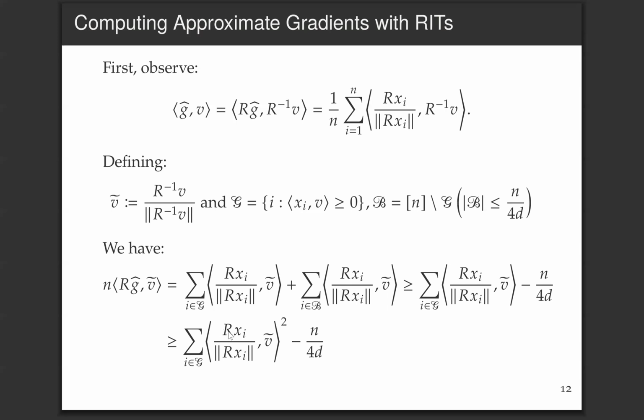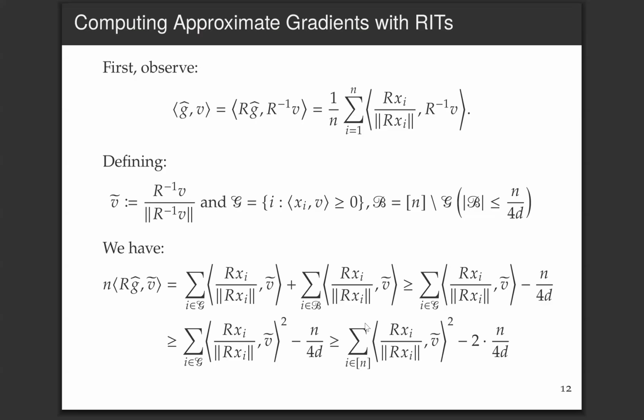So I'm going to add and subtract the contributions of the bad points. For the first term, the sum now ranges over all the points in the data set, and then you have this inner product squared. Again, using the fact that the number of bad points is small, at most n over 4d, and each of these terms is again bounded by 1, the contributions can again be bounded by n over 4d. So the second term now picks up an extra multiplicative factor of 2.